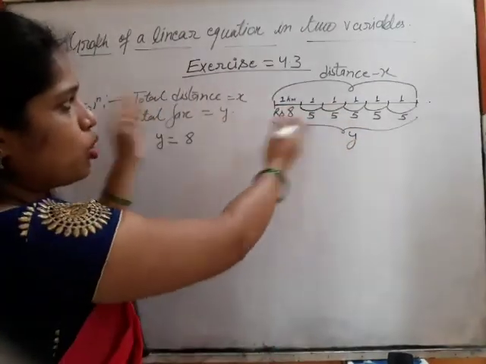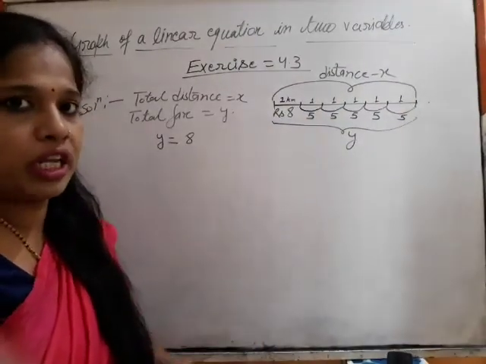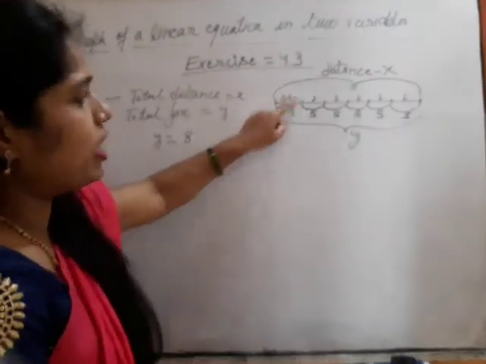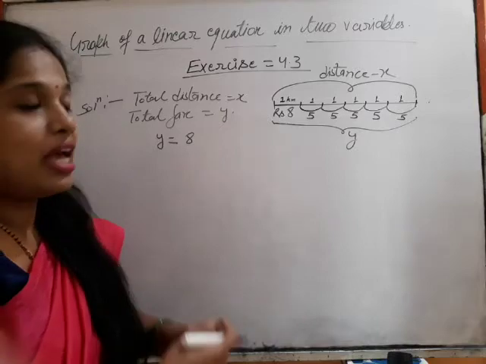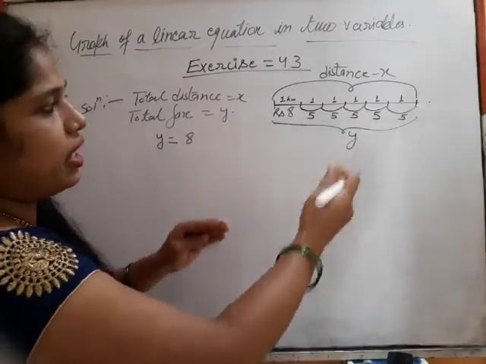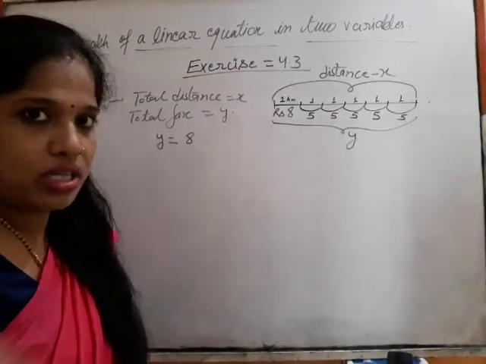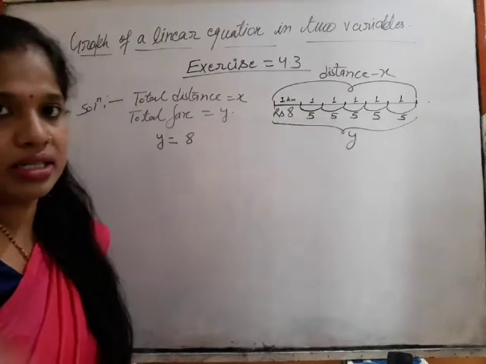So if we exclude this first kilometer, then we will have the 5 rupees per kilometer. So for excluding this, we have to subtract this 1 kilometer from the total distance, that is x. Okay, once again, to get the total fare of the 5 rupees per kilometer, we have to subtract this first kilometer from the total distance.